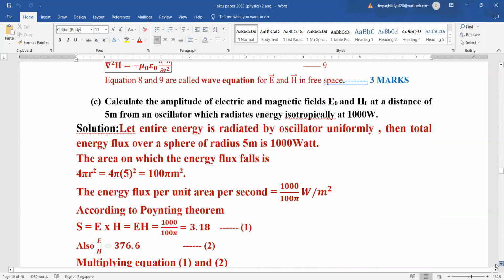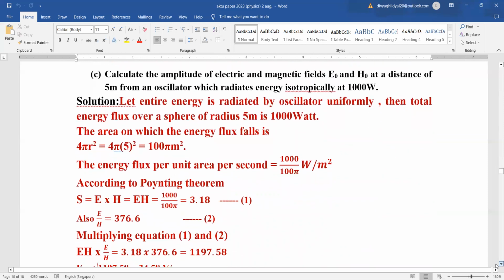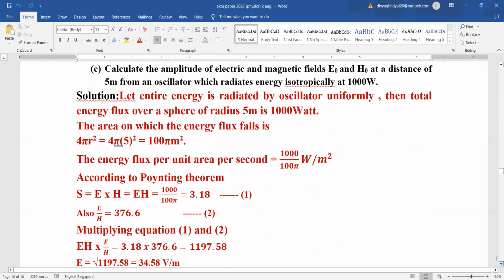See, the numerical is a very simple numerical based on your famous Poynting theorem only. And here they have just changed the wording and written that energy is coming from the oscillator. So the area on which the energy flux falls is 4 pi r squared. R is given as 5 meter here.